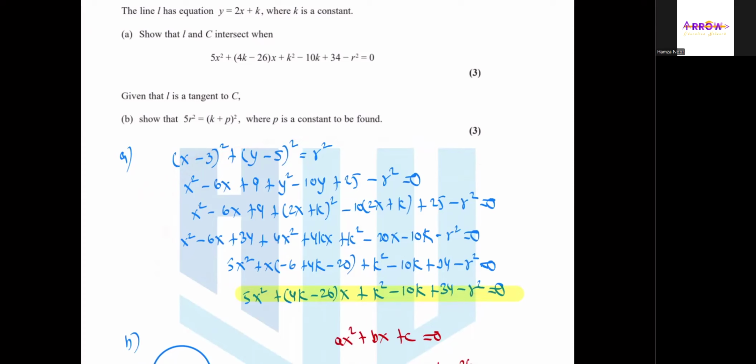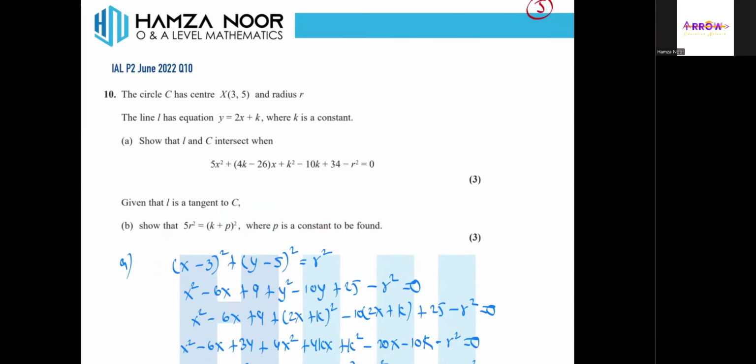All right, and now in part B it says that given that the line is a tangent to the circle, show that 5r² = (k + p)², where p is a constant to be found.